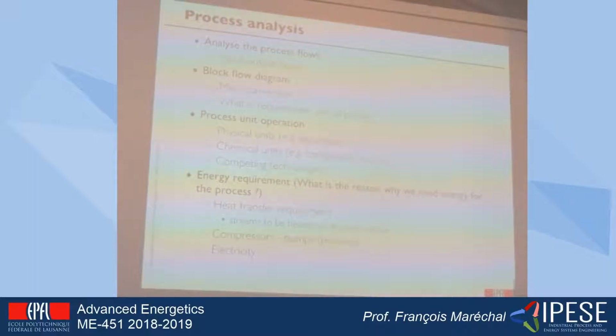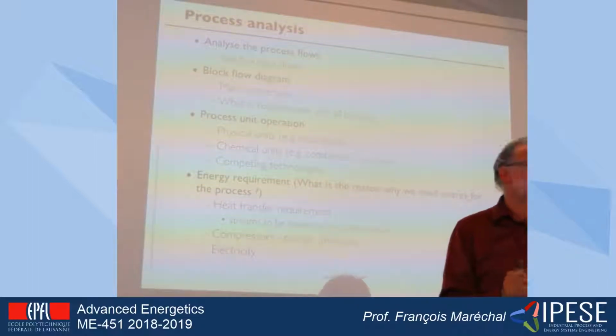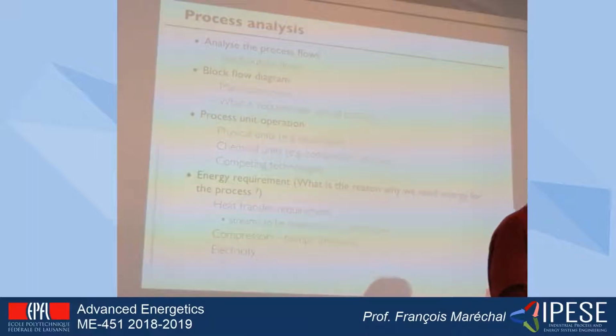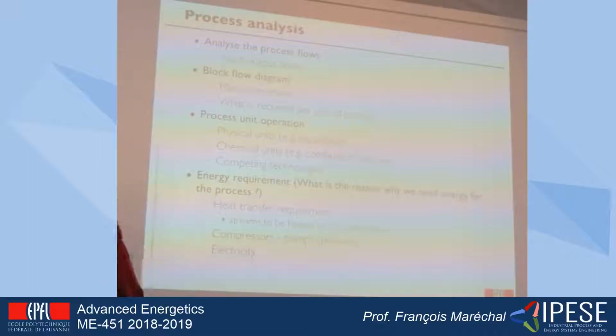And then we are going to look at the different process unit operations that can do separation or physical operations. It can be filtering, distillation, membrane, that can do chemical reactions, or they can do still just melting and separation, for example.